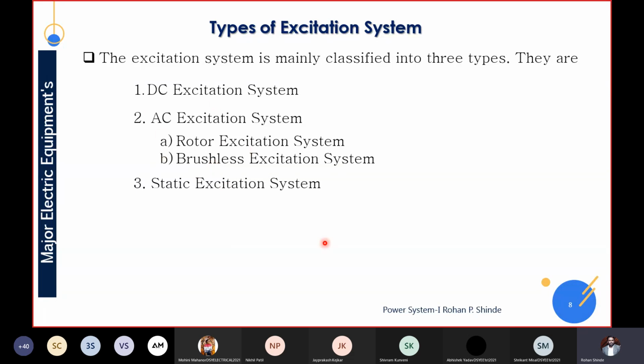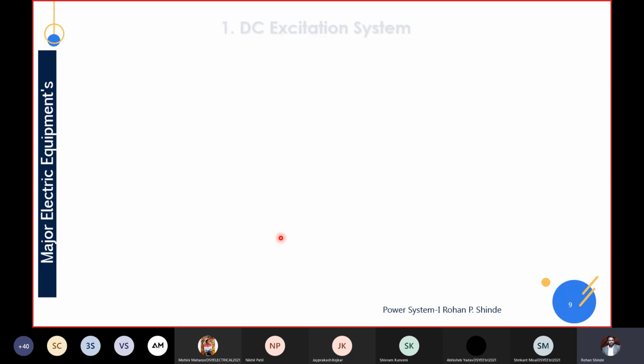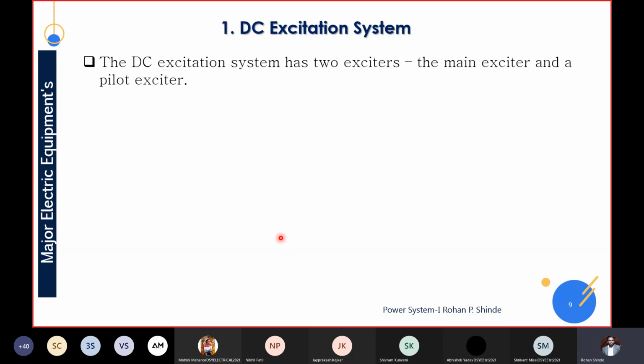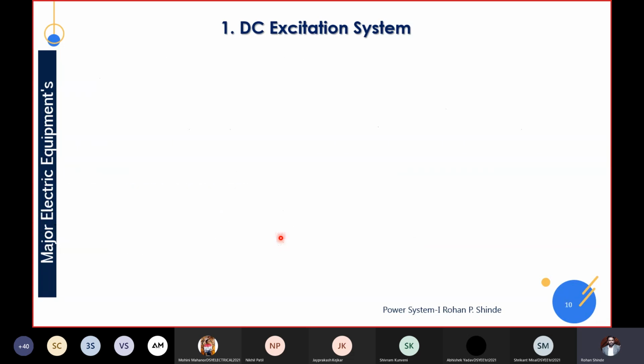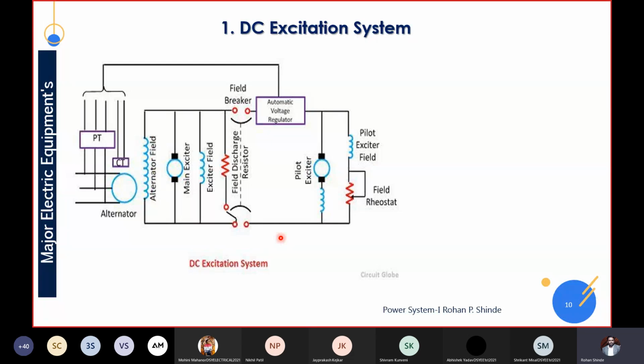In the next lecture we will see these excitation systems in detail. We will start with the DC excitation system. Let me show you the figure. This is the DC excitation system.